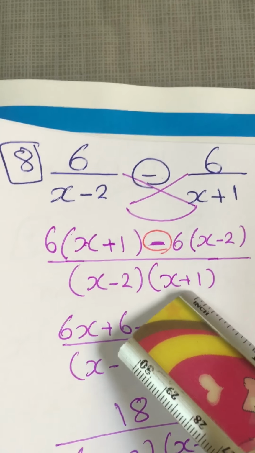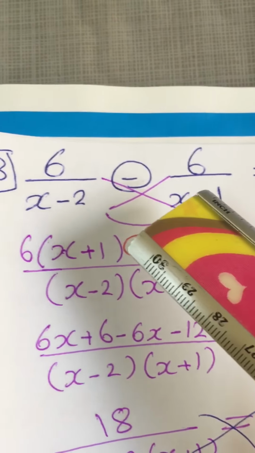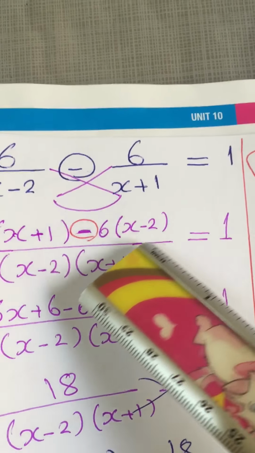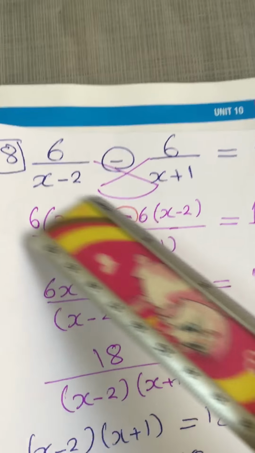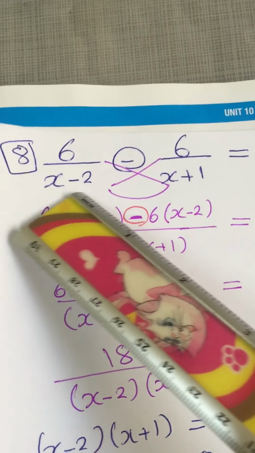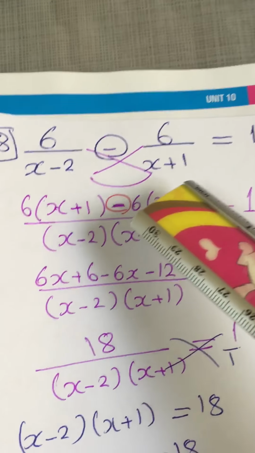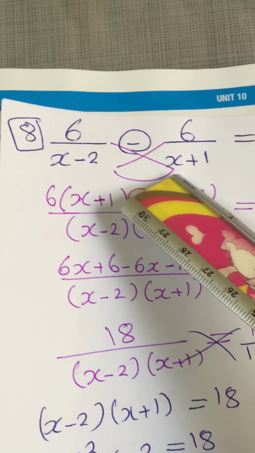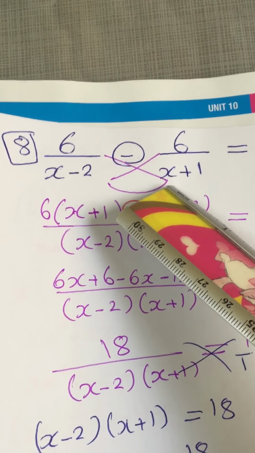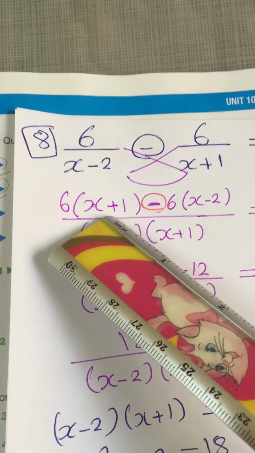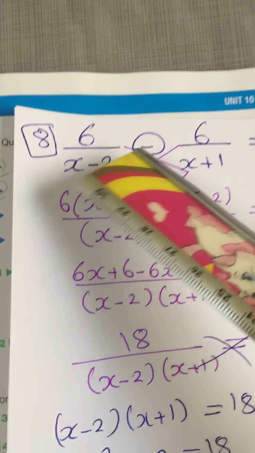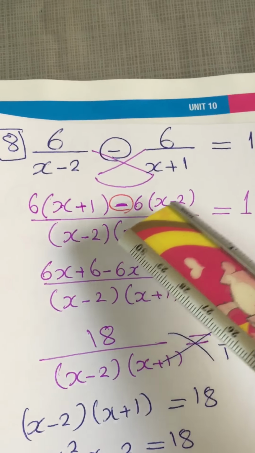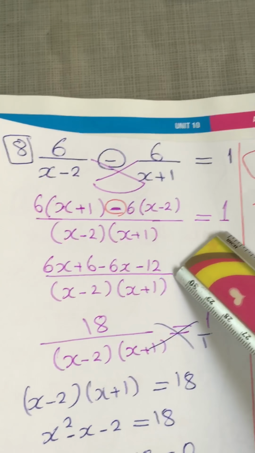You can take this denominator and multiply it here, and here, and to the opposite side, but I prefer to make it like this. Cross multiplication, so the common denominator, x minus 2 between brackets, multiply x plus 1 between brackets. Then, in order from the left, 6 multiply x plus 1, with x plus 1 between brackets, minus, minus 6 multiply x minus 2. And the right side is only 1.